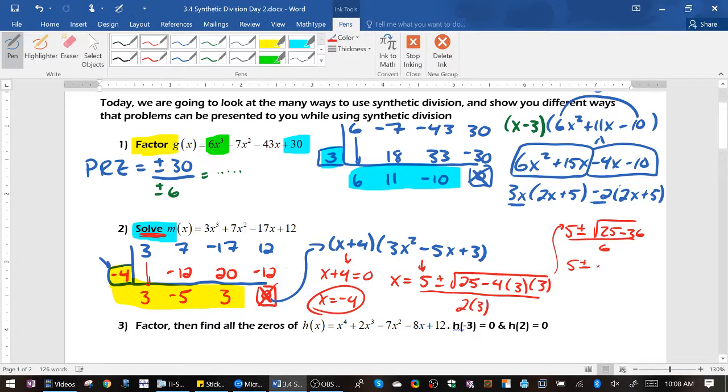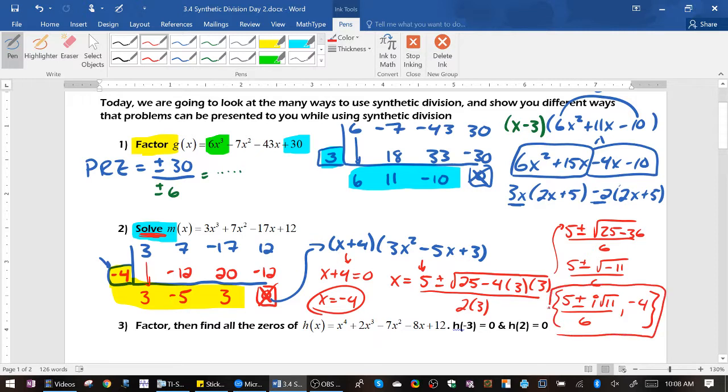Okay, 25 minus 36 is -11 over 6. And I can't reduce the square root of -11. So all I'm going to do is I'm going to pull out that negative and make it imaginary. So 5 plus or minus i root 11 over 6. Those are 2 of my answers. And don't forget, I also had the -4 here as well.